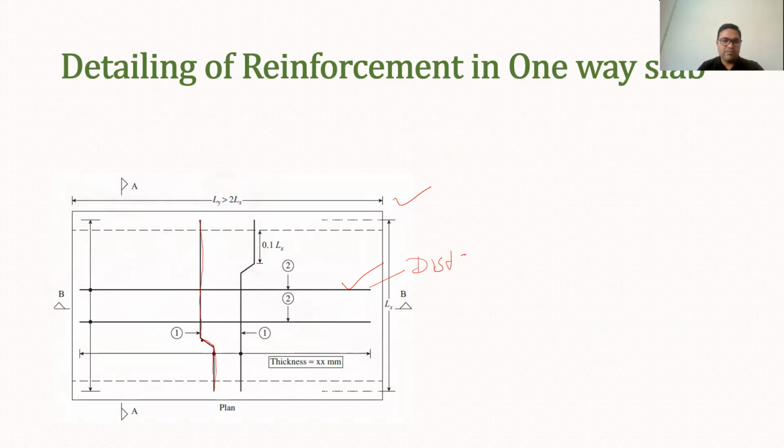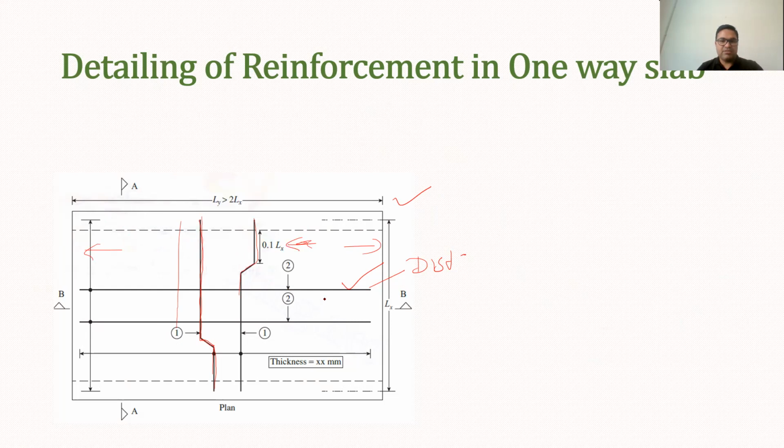One bar is bent up here and provided straight. Similarly, the second bar is bent up here and provided straight. In this fashion, we provide reinforcement up to the whole span. So this is how we provide the reinforcement.